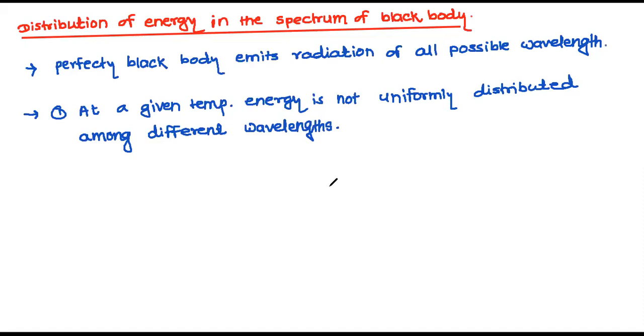So what is this? Let's see with one graph. You will say, sir, what is this, energy not uniformly distributed among different wavelengths? Then at what particular wavelength is it maximum? Let's see with that small graph. I'm plotting a graph, very small one, easy to understand. You will understand what is actually happening in black body radiation.